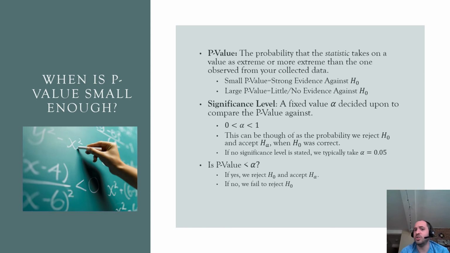If no, just say you fail to reject the null hypothesis. This is different than accepting your null hypothesis. Most fields do this incorrectly. Most non-statistics people, when they fail to reject the null hypothesis, accidentally say, well, then the null hypothesis is true. That is not the case. It's just failing to reject. It's not evidence saying that your null hypothesis is true. So be careful about that.